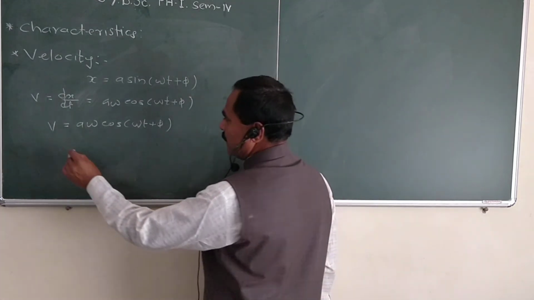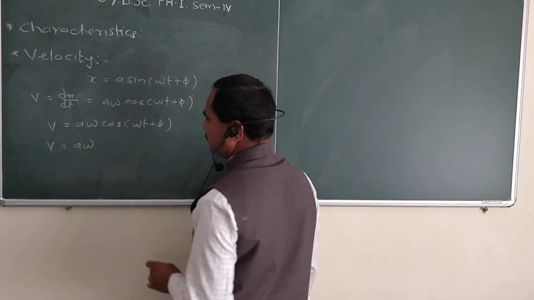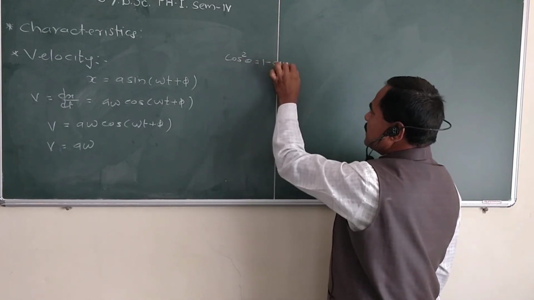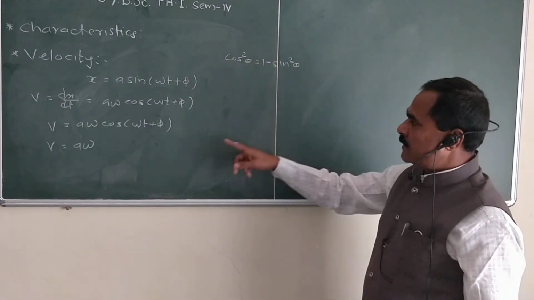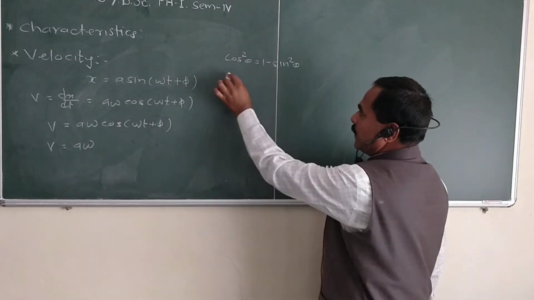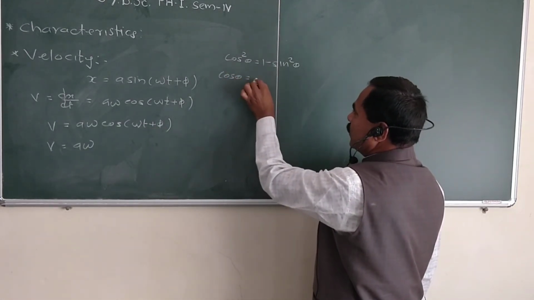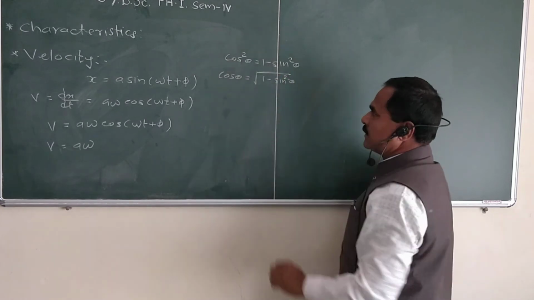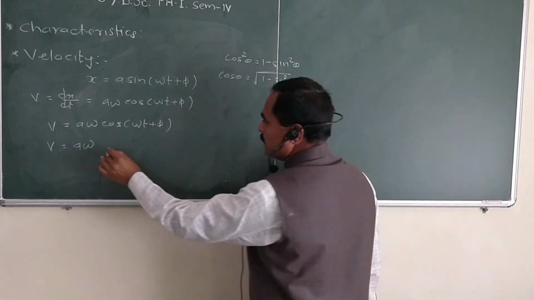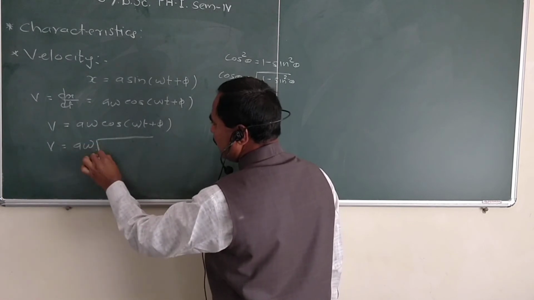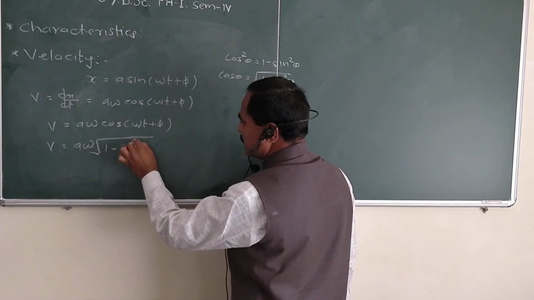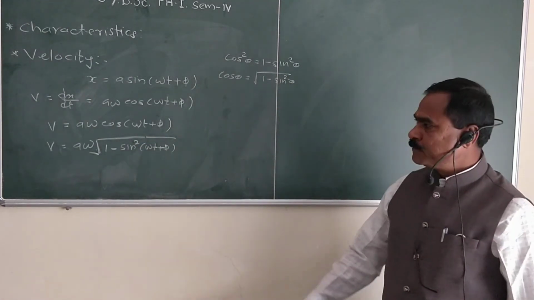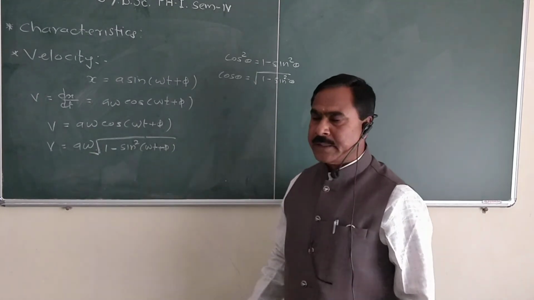Okay, so I substitute here v equal to a omega. Then we write cos square theta equal to 1 minus sin square theta, where theta is omega t plus phi. Then we write cos theta equal to root of 1 minus sin square theta. Then I take this a inside the root.